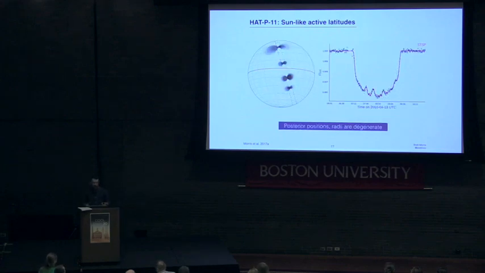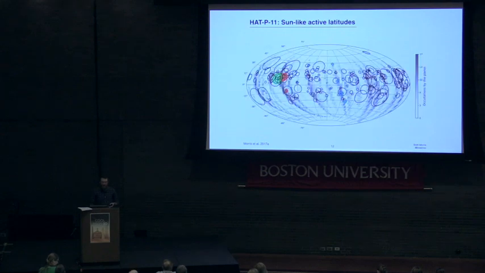We use Markov chain Monte Carlo to vary these positions and sizes so that we can infer the degeneracies between these parameters for all of the transits over the entire Kepler mission. And we're able to build a spot map of HAP-P11 throughout the Kepler mission.